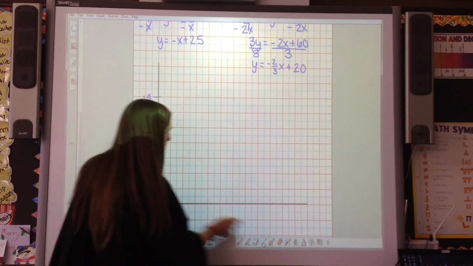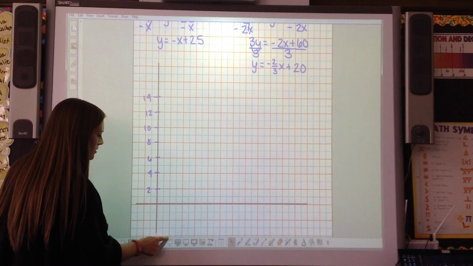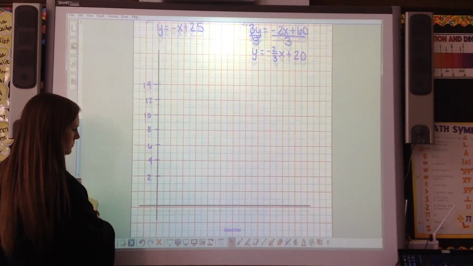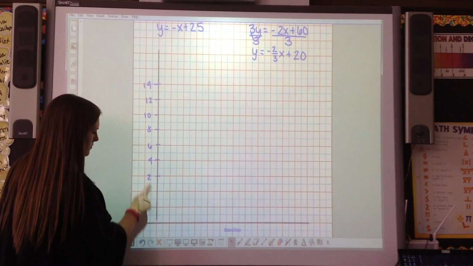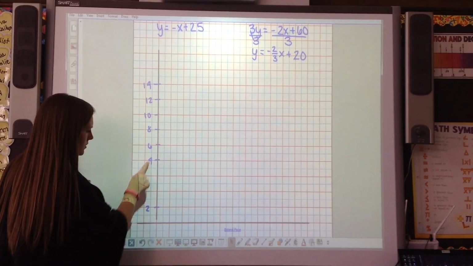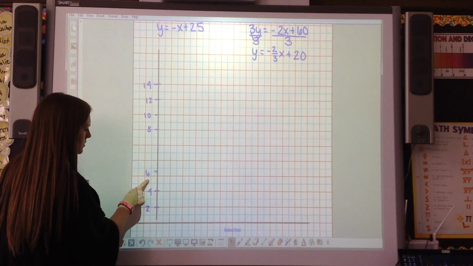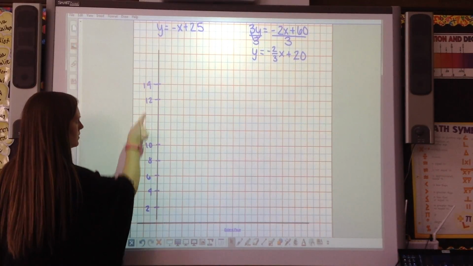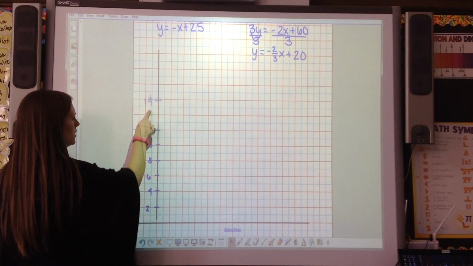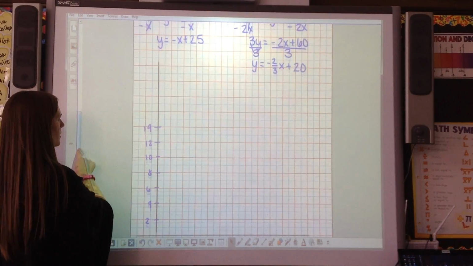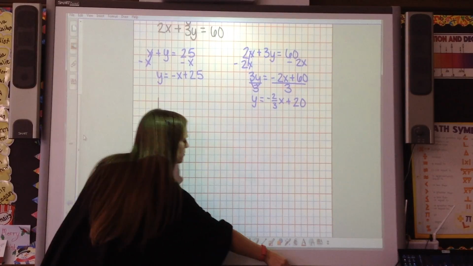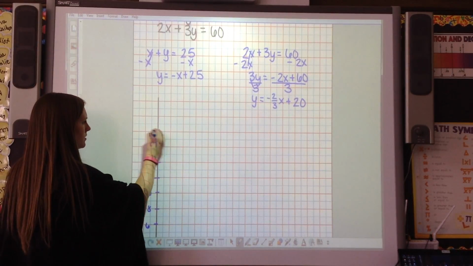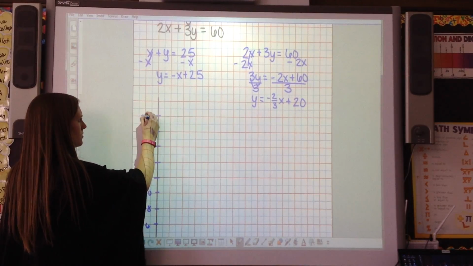Let's see if I pull it down a little bit, if it'll work. 2, 4, 6. When you're graphing, you're going to want to try your best not to go up by 2s. I know it looks like I am, but each line is represented here. Here we go. This should work.